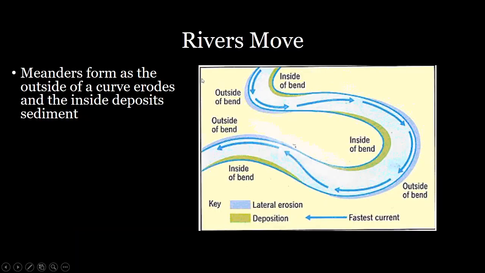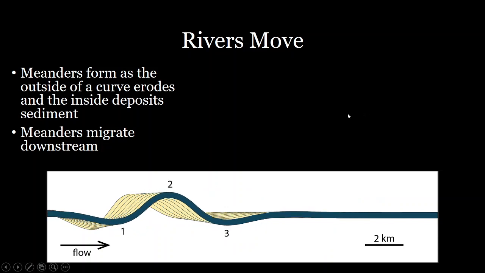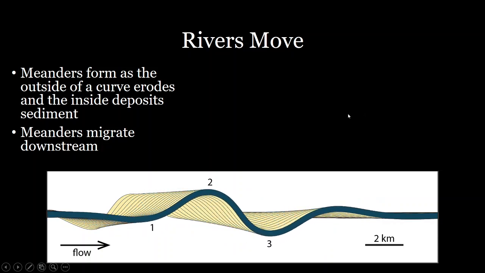And we see that here where we have meanders that form more and more curvy streams due to erosion on the outside of a bend. So pretty much always you have erosion occurring on the outside of a bend here, and deposition that occurs on the inside of a bend. And the result of that is you have migration of meanders.